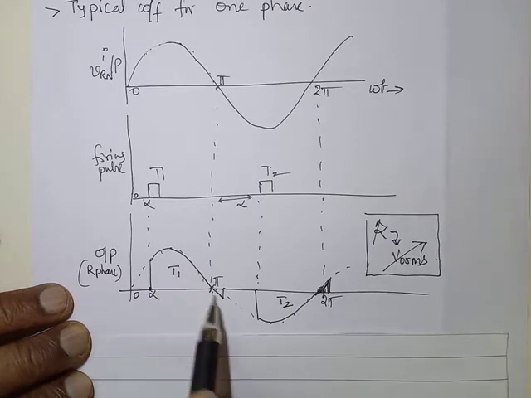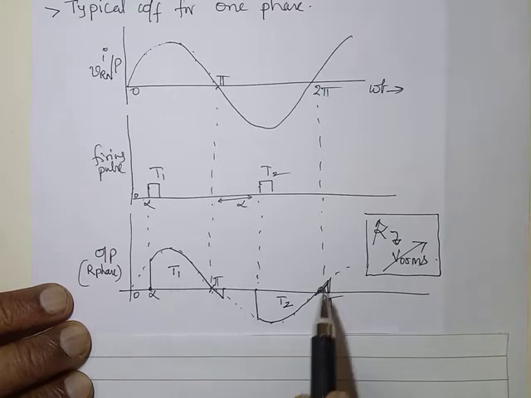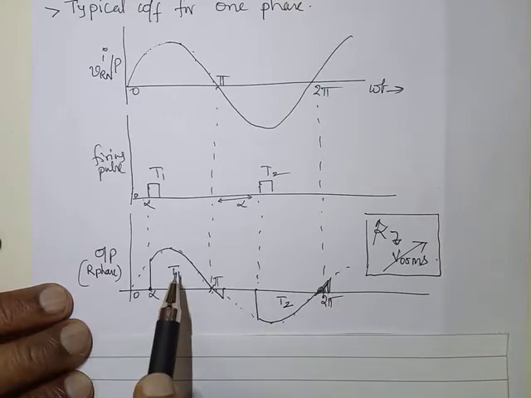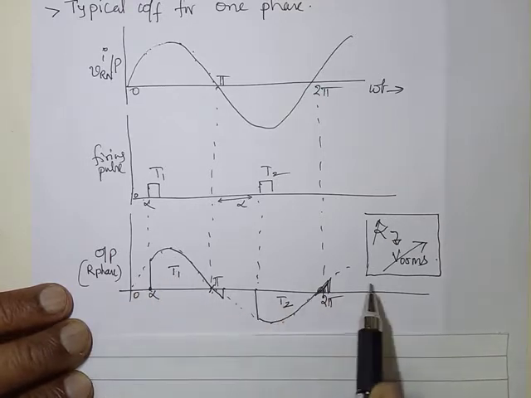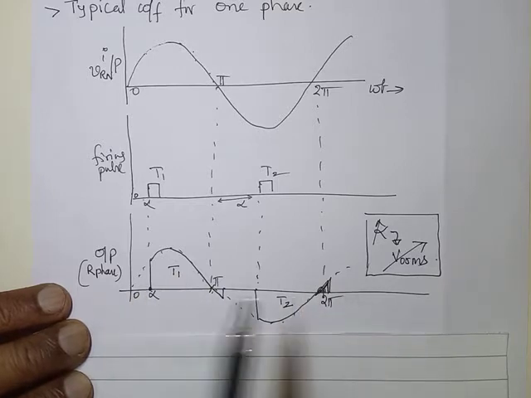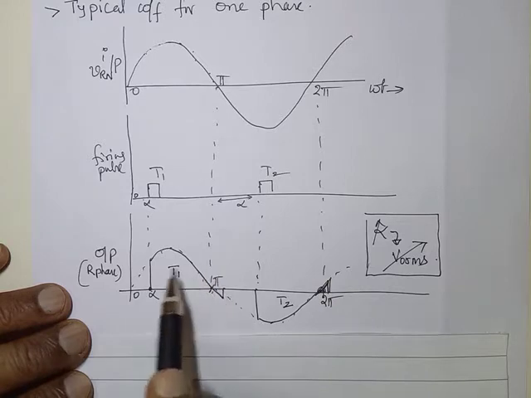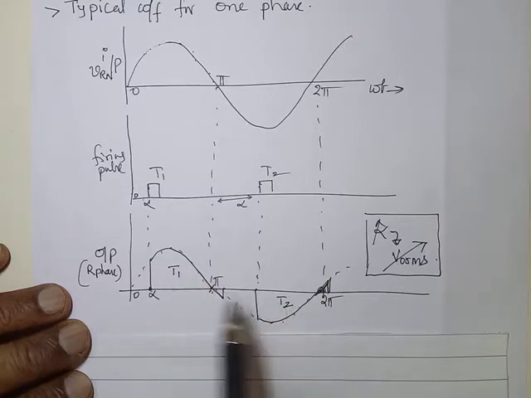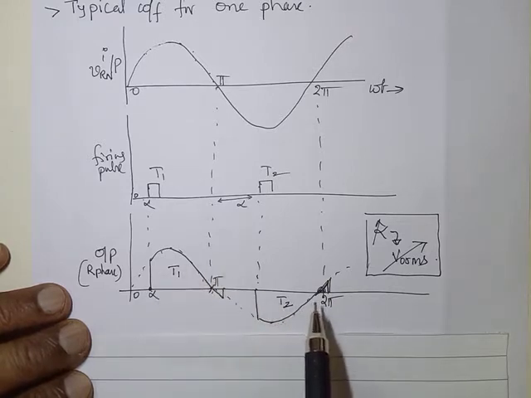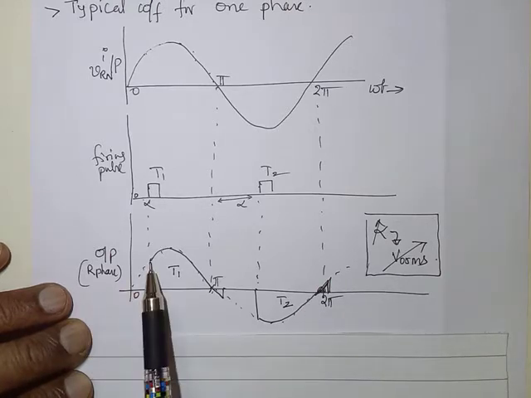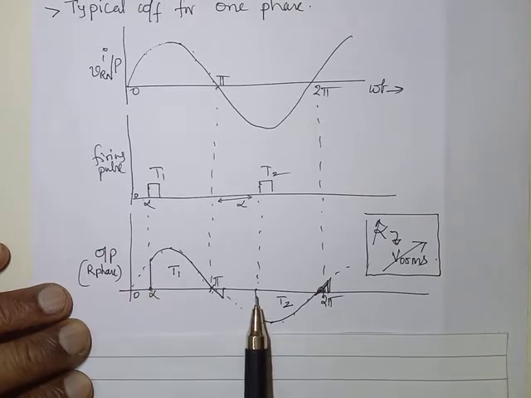And this and then this both are similar. And if we see this waveform, positive, negative, it is still alternating, but it is chopped here, it is chopped here.